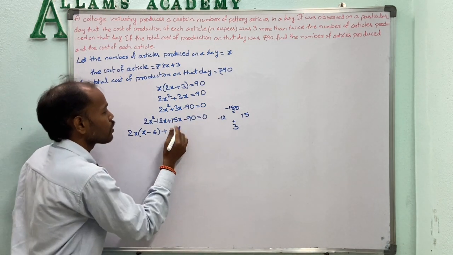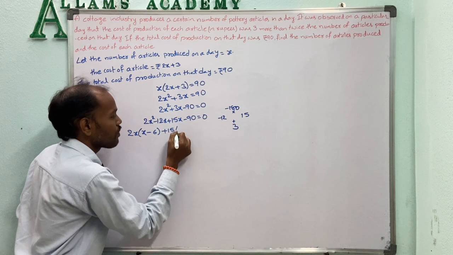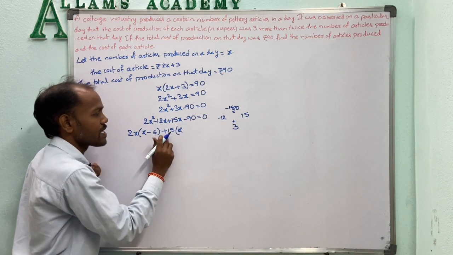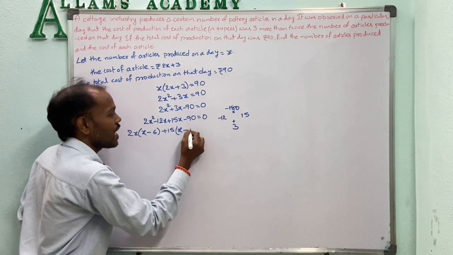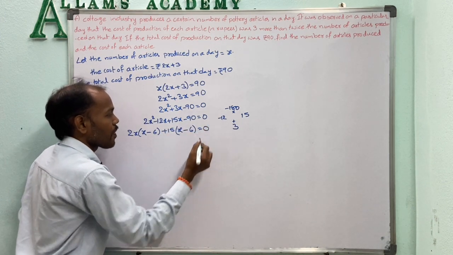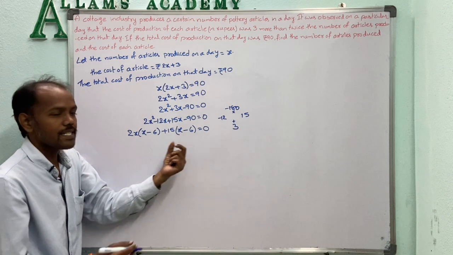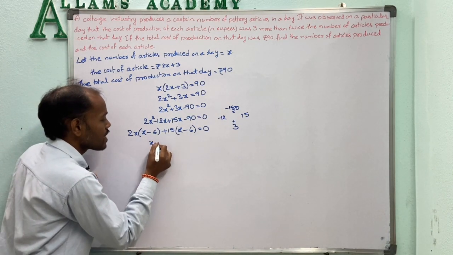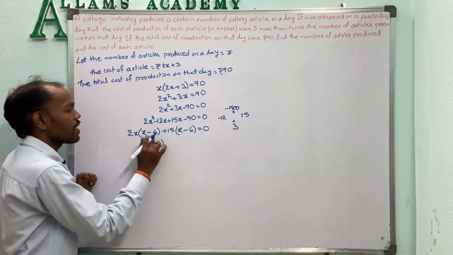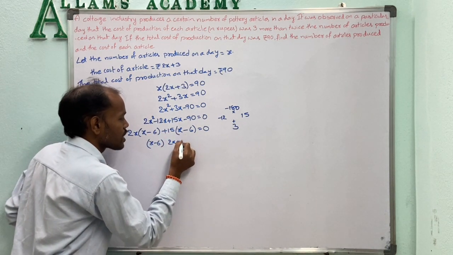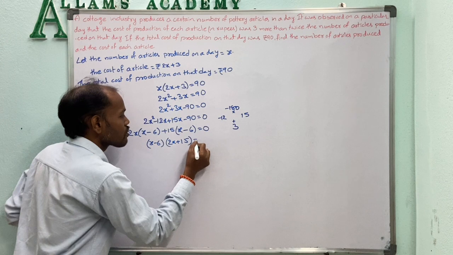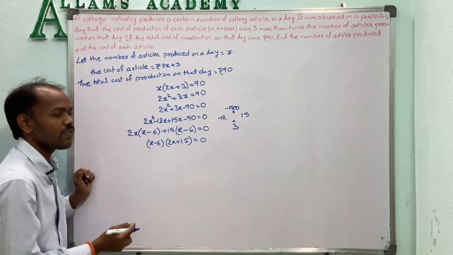So now in both, 15 is the common number. Taking 15 common, here remaining is x minus 6, 15 into 6 is 90. Now here both have x minus 6 common. So x minus 6 into 2x plus 15 equal to 0.